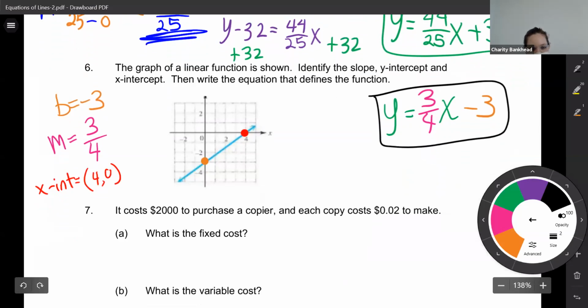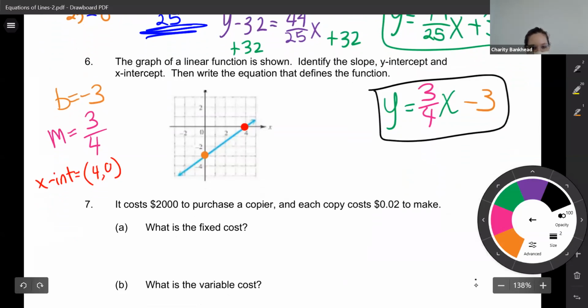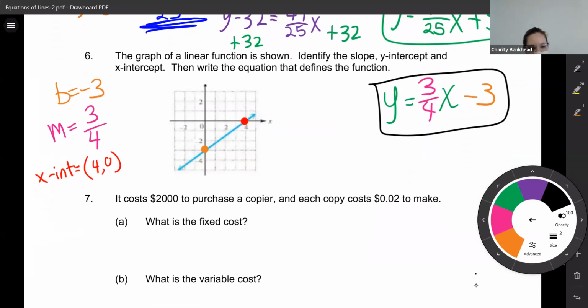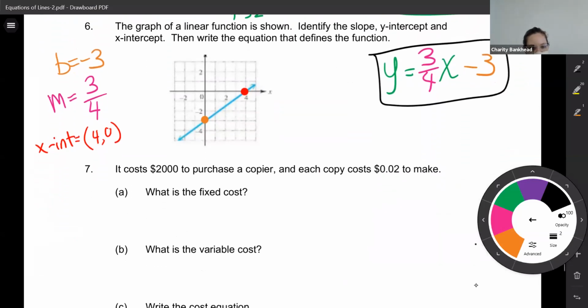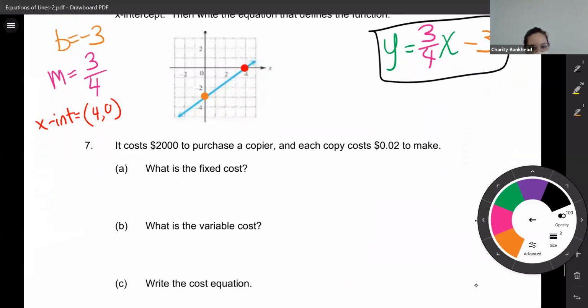All right, number 7 says it costs $2,000 to purchase a copier, and each copy costs 2 cents to make. So what is the fixed cost and what is the variable cost? So fixed cost is 2,000.